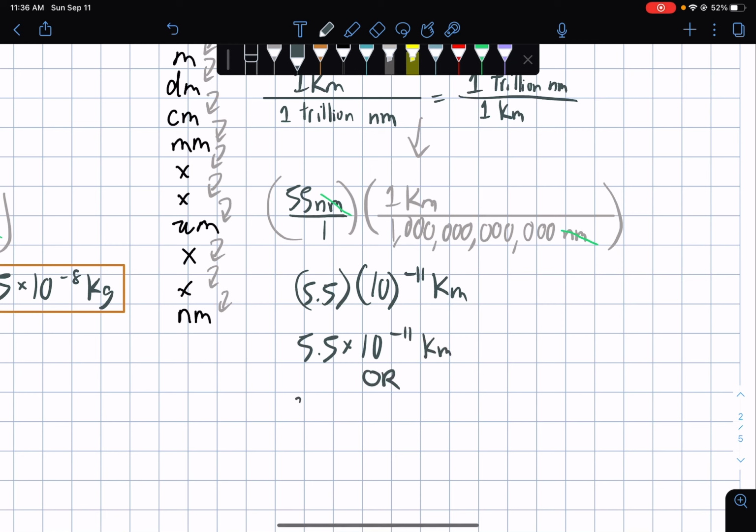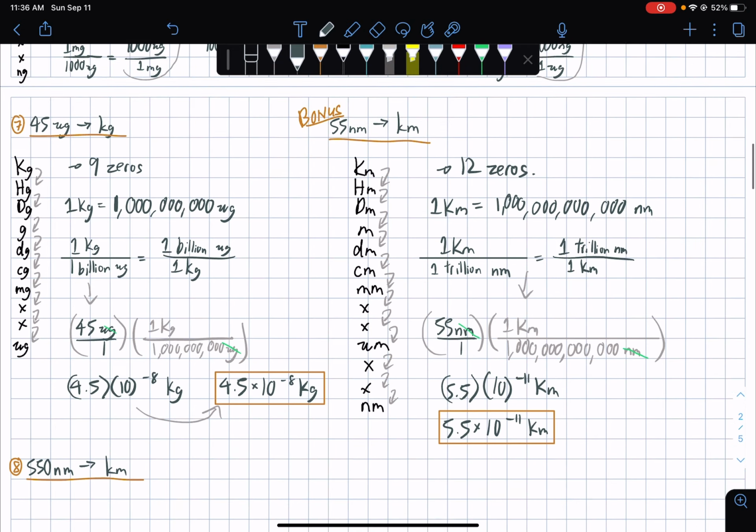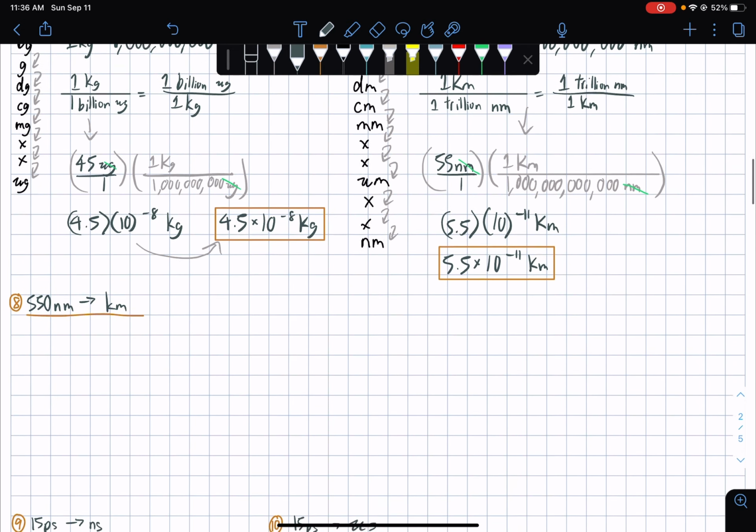Or 0.000... You know what? Let's not write the decimal anymore. Let's just write our answer this way. As long as this answer is acceptable, I don't see anything wrong in adding more possible answers.